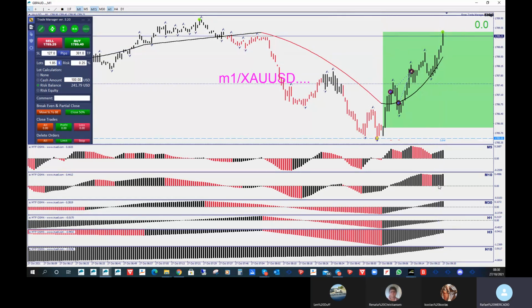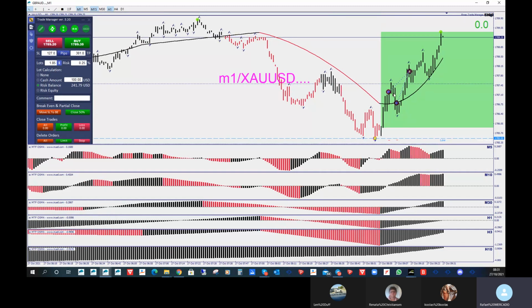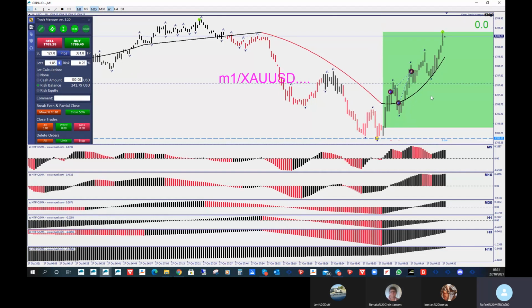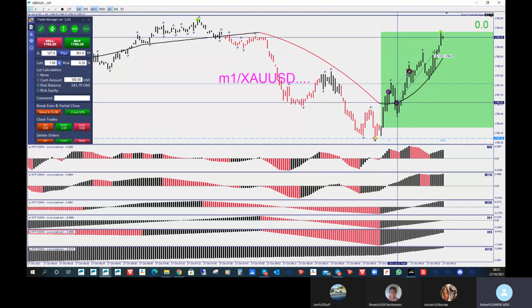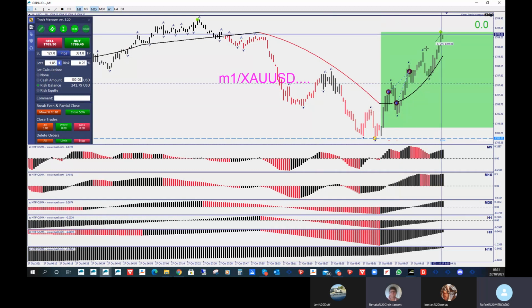Yeah. No regret, except about this one, because I made a mistake with the button. I was doing it from my laptop and I pressed the close all button. With those two trades, I will be 25 and 20, 45 pips.